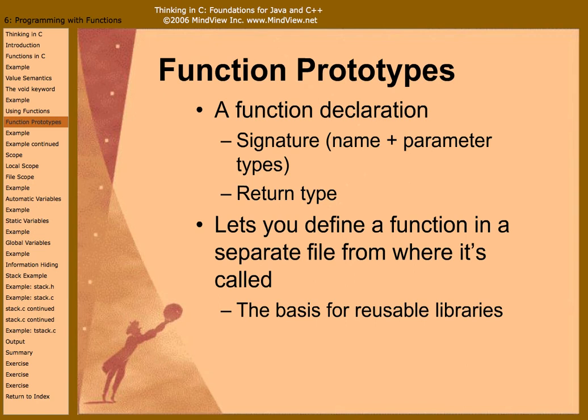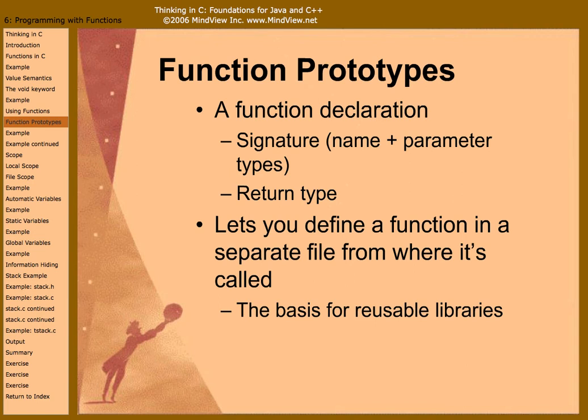They'll strictly be prototypes, and that way you can include that file, and now the compiler knows how each function is to be used, and so it can enforce your usage of those functions. And that's what we've been doing all this time with the standard headers. Those standard headers have function declarations in them, and that way the compiler will catch any errors in usage.